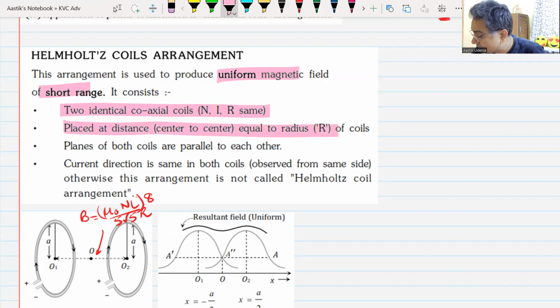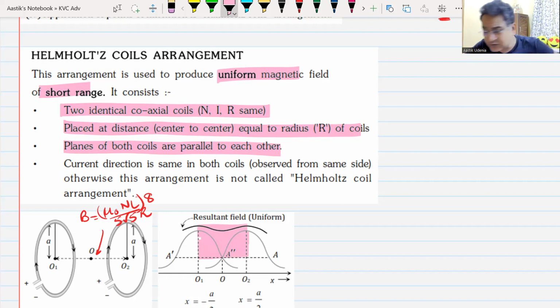The distance between the centers of the two coils is equal to the radius. They carry current in the same direction, and the planes are parallel to each other. This combination is known as the Helmholtz coil arrangement, and you can see that between these 2 points the magnetic field is almost constant.